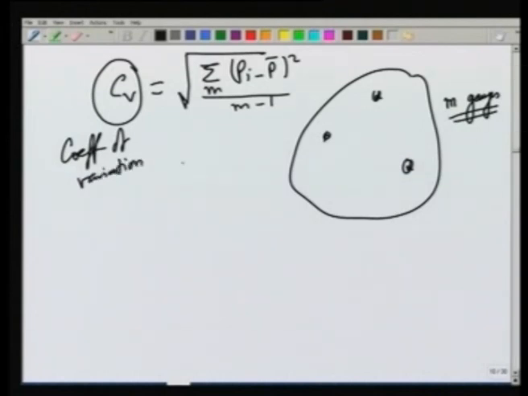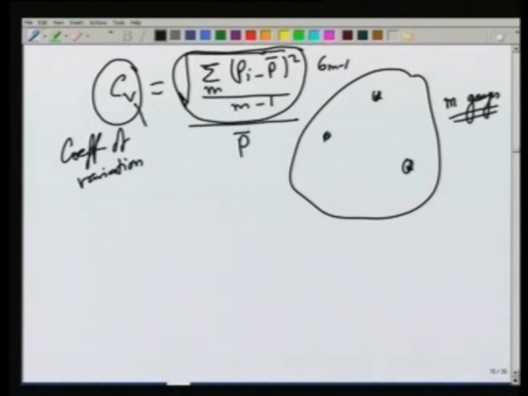So, this coefficient of variation represents how much the precipitation values at each gauge are different from the average. This is the standard deviation sigma divided by the average precipitation P bar.